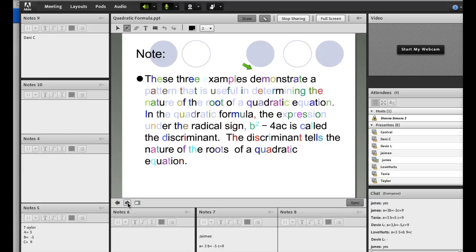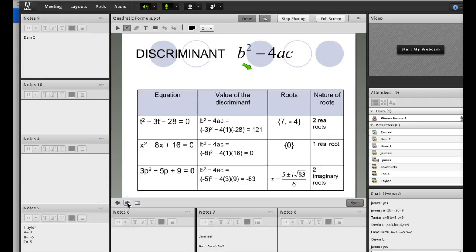All right. So these next 3 examples are going to demonstrate the pattern of using that discriminant, that b squared minus 4ac. So if you just want to know, does it touch the x-axis, does it cross, whatever, you can just look at that b squared minus 4ac. All right, so here we go. Here are the examples.